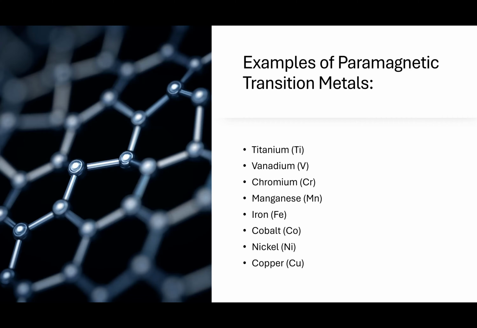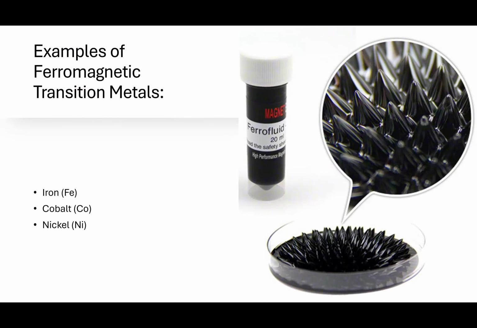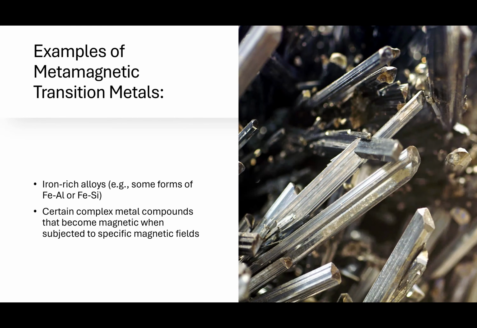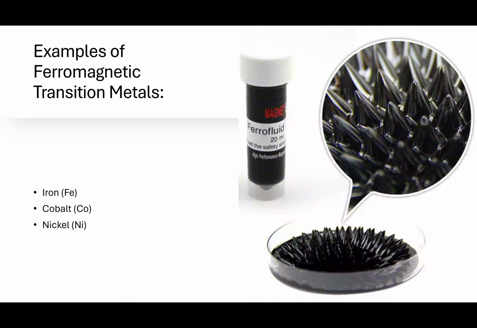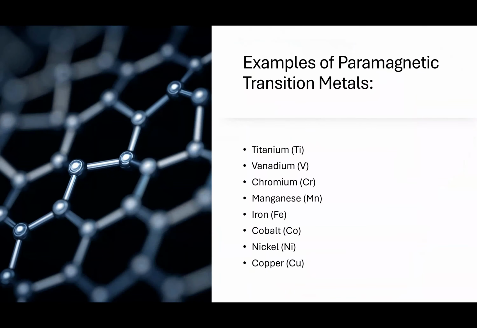So these are the paramagnetic transition metals that we can see here. Here are the ferromagnetic transition metals as examples. And here are the metamagnetic metals. So iron-rich alloys tend to be metamagnetic, right? So metamagnetism isn't something that is generally displayed by a metal itself, but a mixture, so a metal compound or an alloy, right? So examples are here.